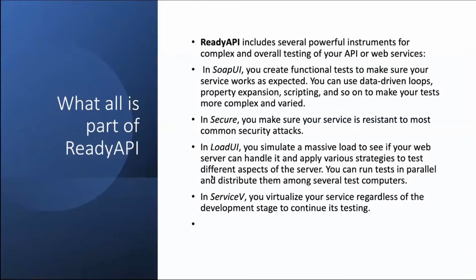SoapUI for functional test. You have security checks. Internally, they have instrumented security test APIs as well. For performance, you can use LoadUI. And for service virtualization, they have added something called as ServiceV. So it's a collection of all these capabilities in a single suite. That's what is Ready API.